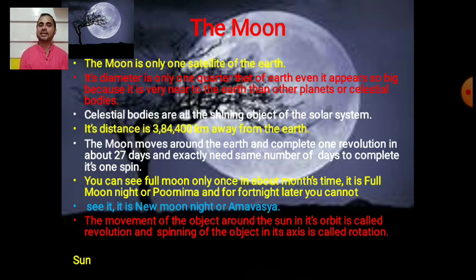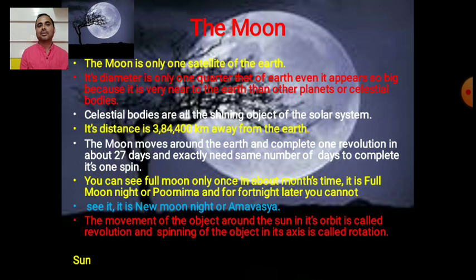It appears so big because it is very near to Earth compared to other planets or celestial bodies. There are so many planets or celestial bodies bigger than the moon, but the moon is so near to Earth that it appears bigger than the others.